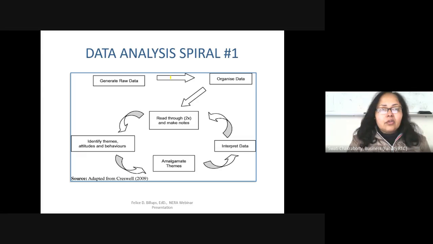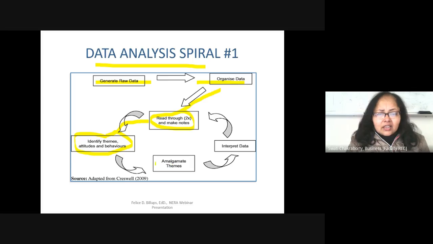So, the data analysis spiral, see how it goes. First you generate the raw data, then you organize the data, then read through it and make notes of it, and then identify the main themes, attitudes, and behaviors, then start amalgamating the themes, and then start interpreting the data. And that's how it goes till you get your required final data.